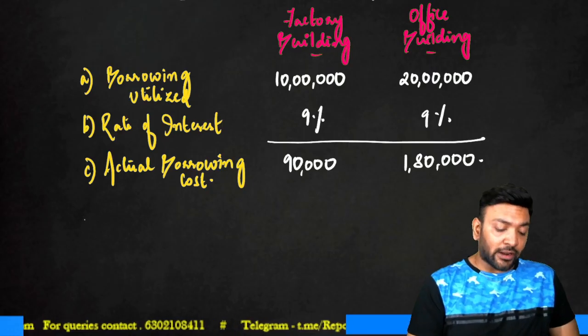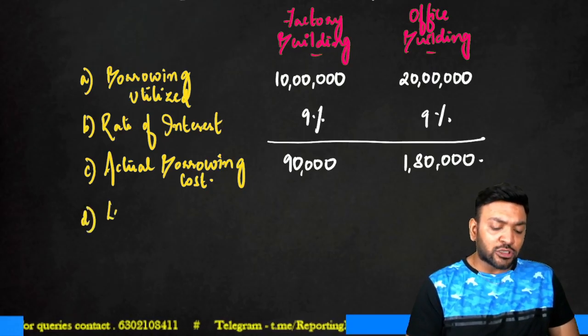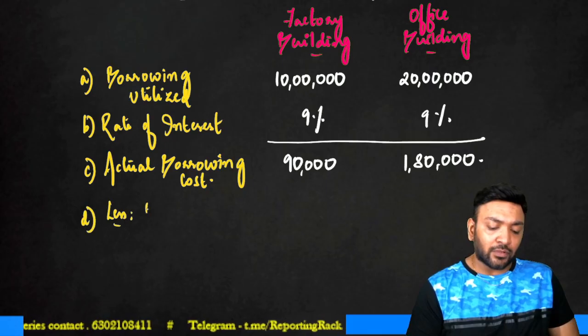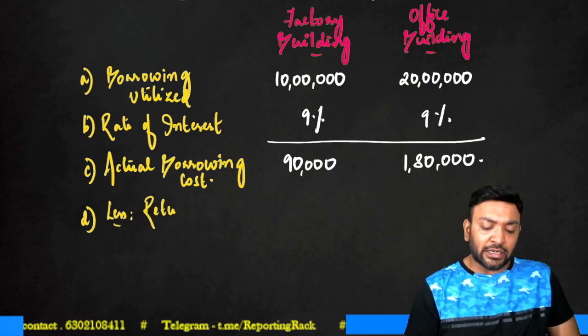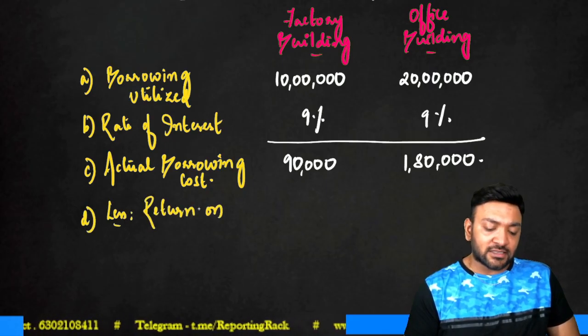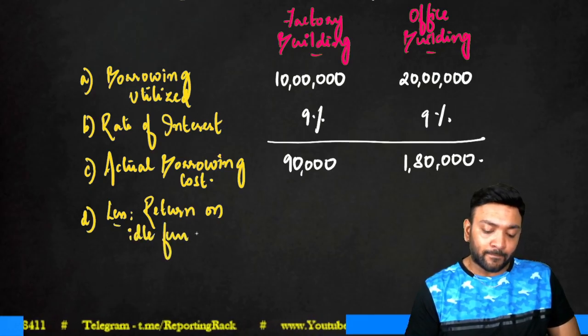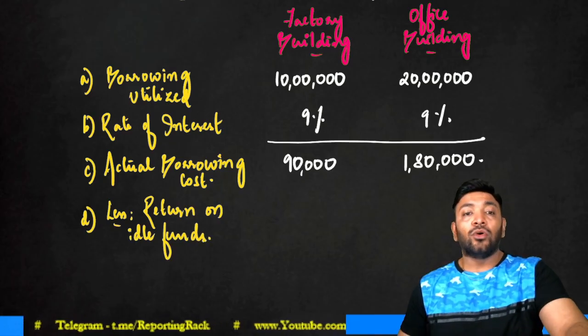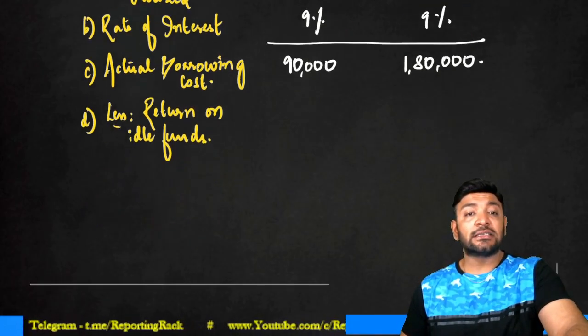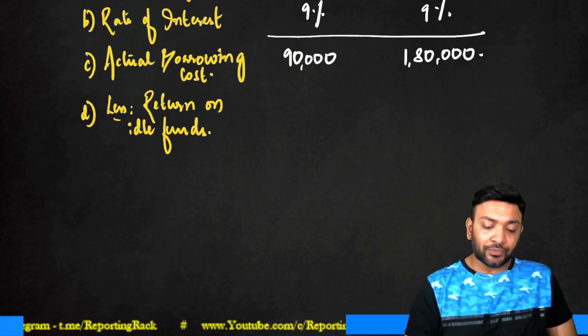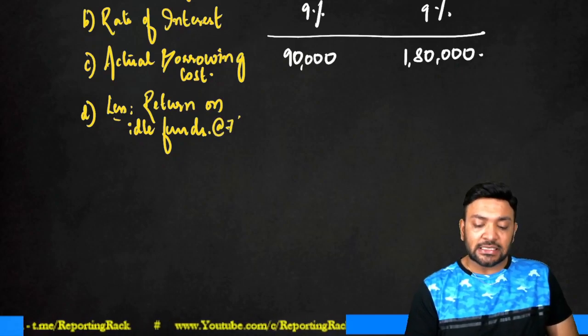This actual borrowing cost should be reduced by less return on idle funds. What is your return on idle funds? 7%, correct? At the rate of 7%.